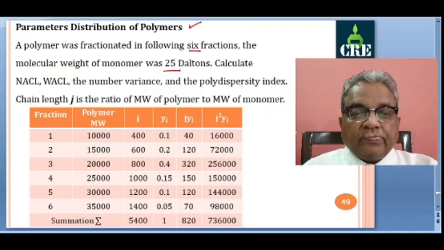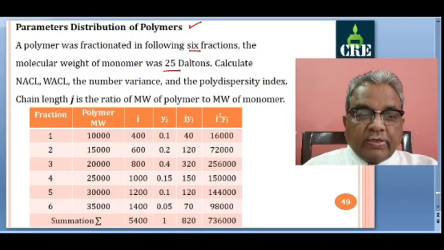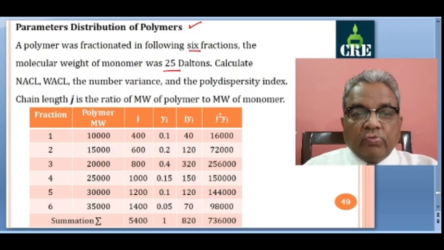Chain length J, you know, is nothing but the ratio of the molecular weight of the polymer to the molecular weight of the monomer. So the data provided is these fractions, numbered 1 to 6, with molecular weights of polymer 10,000, 15,000, 20,000, 25,000, 30,000 and 35,000.